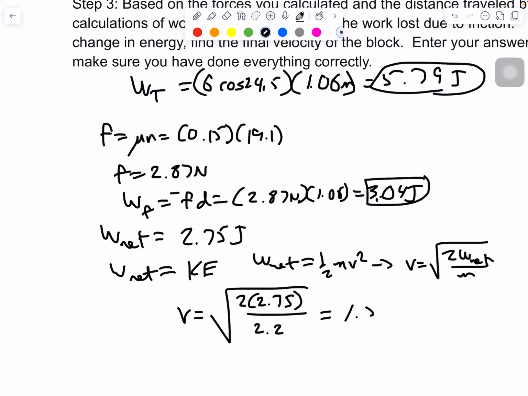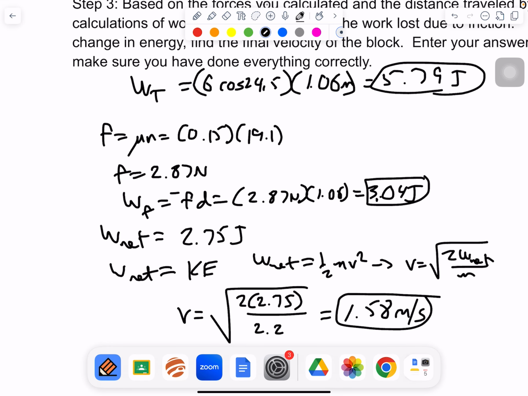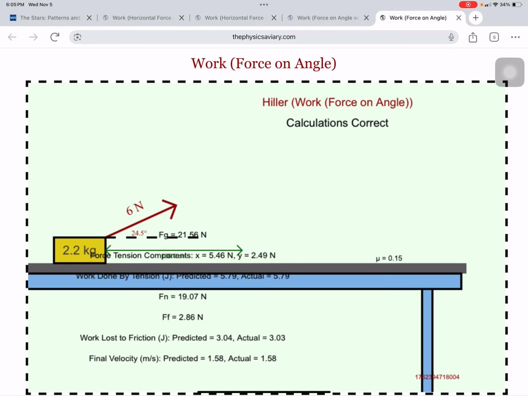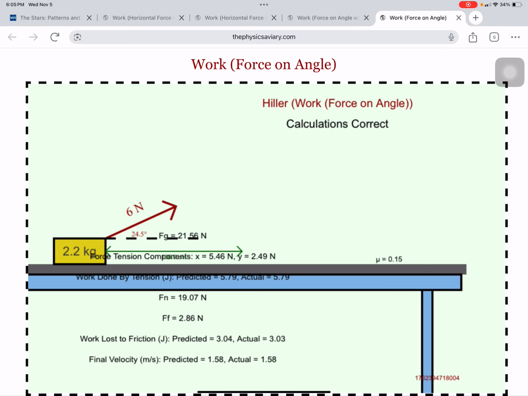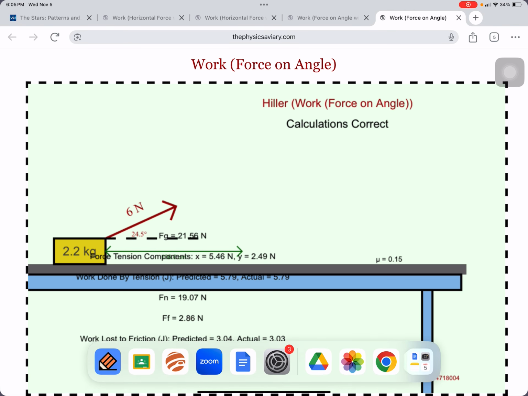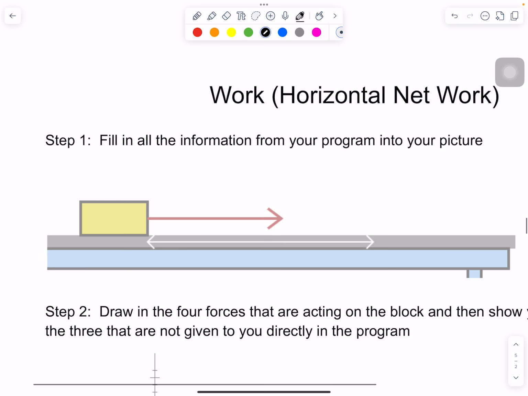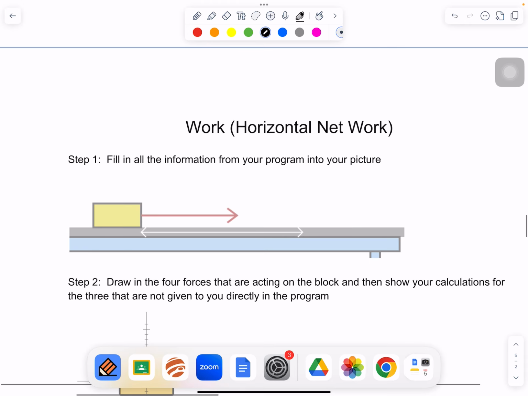And looking at about 1.58 meters per second. Okay, and it worked. Hopefully you're able to get question 4 right as well. If so, let's move on to question 5, horizontal net work.